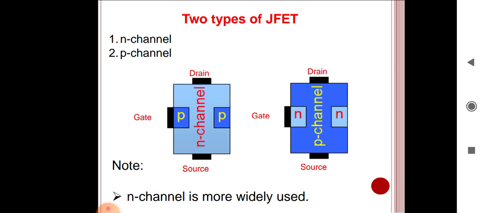If the channel is made up of N type, it is called an N channel JFET; if the channel is made up of P type semiconductor, it is called a P channel JFET. N channel is more widely used because it has good voltage gain, or a high switching speed than P channel.